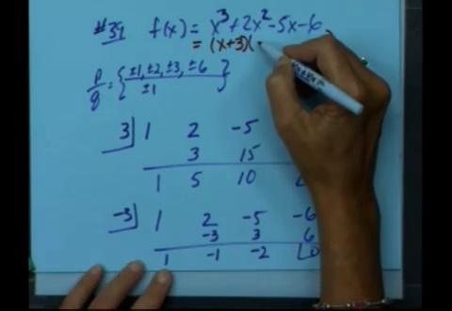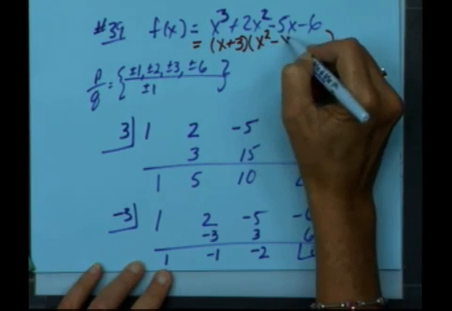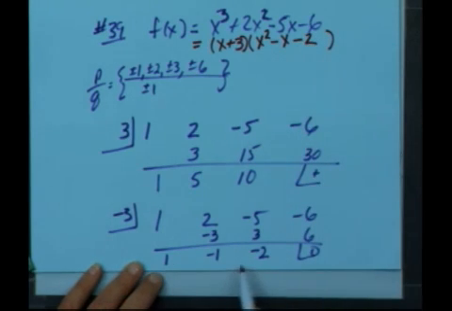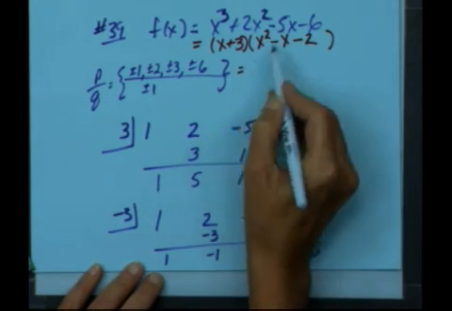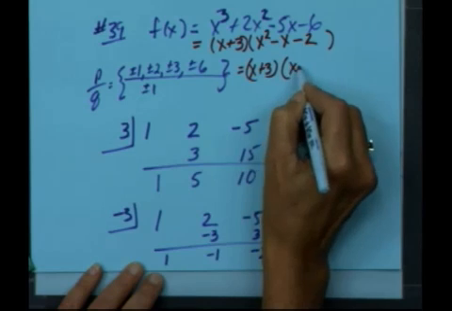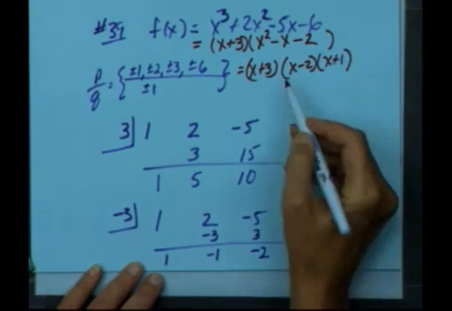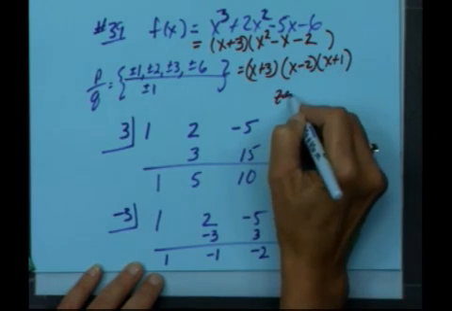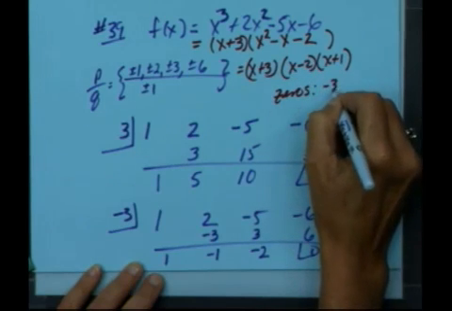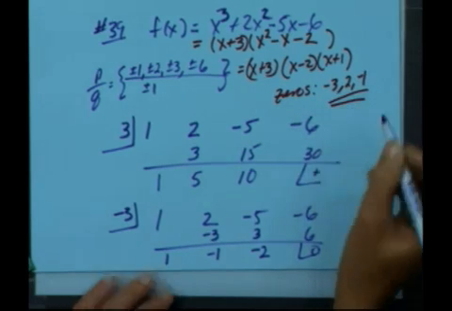So it's going to be x squared minus x minus 2 from right here. All right, well now we're good because that factors very easily. X plus 3, x minus 2, x plus 1. So just to find the zeros, our zeros are negative 3, positive 2, negative 1.